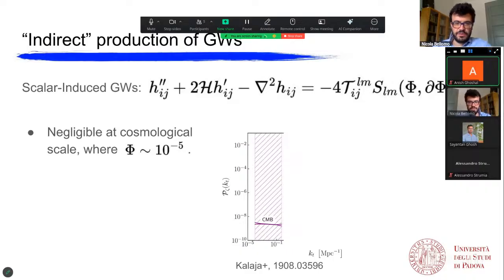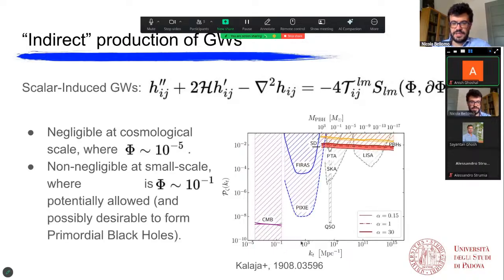The CMB already rules out this as a relevant mechanism at those scales. But if we open up the spectrum to other scales, in particular small scales that are not currently constrained by the CMB, we see that we can even hope to have fluctuations of order unity, or conversely, a power spectrum of order 10 to the minus 2, which might be even desirable for other purposes, for instance, to provide primordial black holes, if we find them an attractive dark matter candidate.